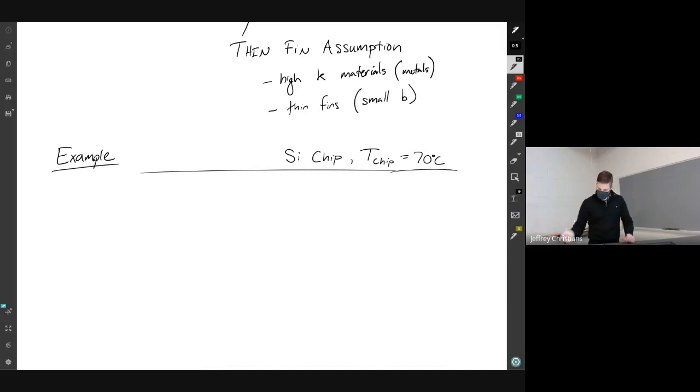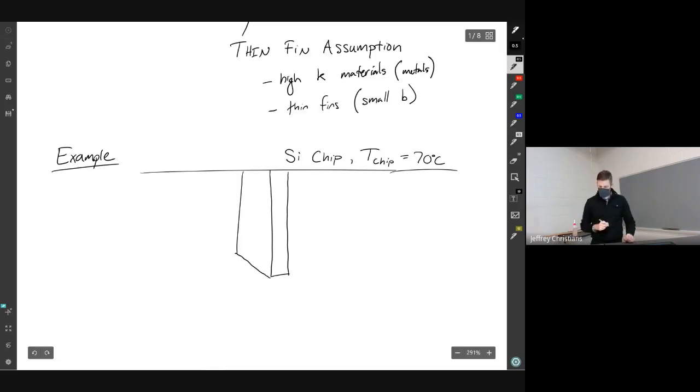Okay, we're going to cool this by using fins. So we'll look at just one fin. This is aluminum, where k equals 180 watts per meter Kelvin, the thermal conductivity.